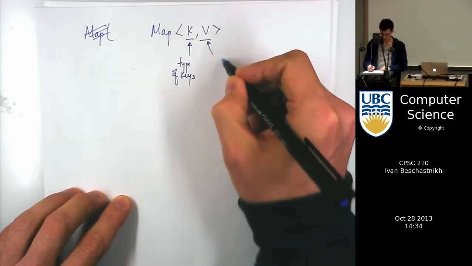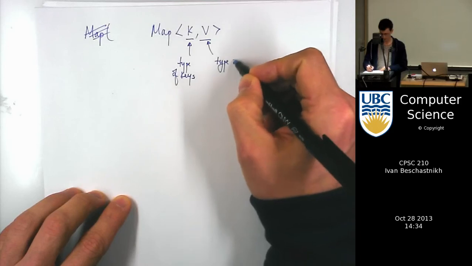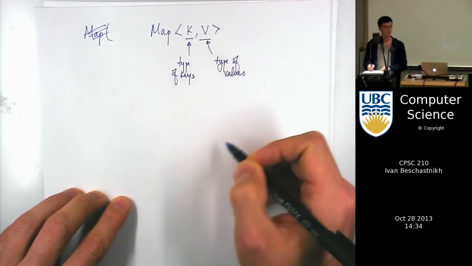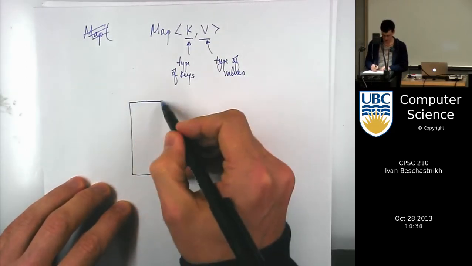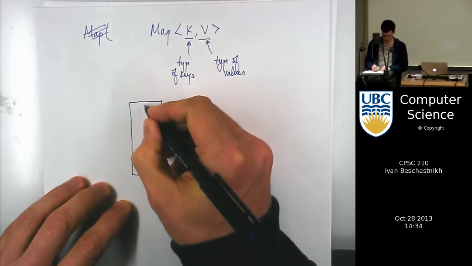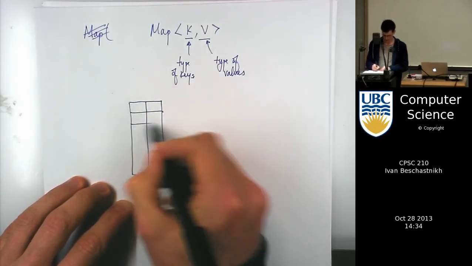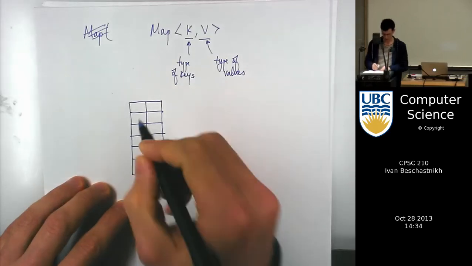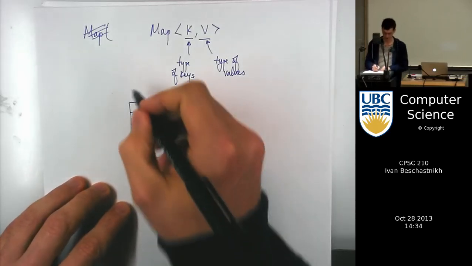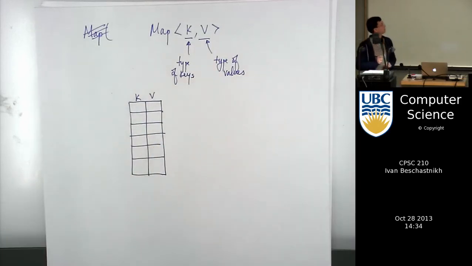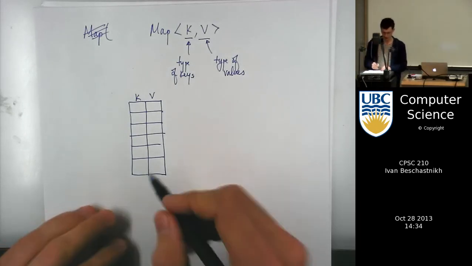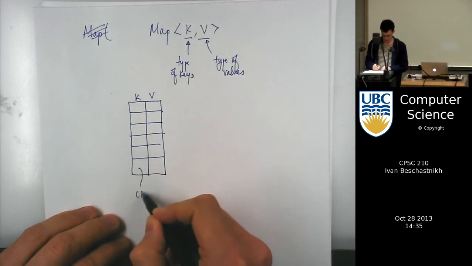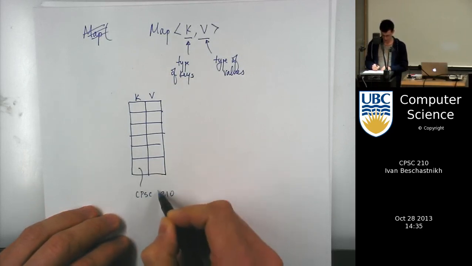And V is going to stand for the type of values in this map. And a map looks as follows. It's going to associate objects of type K to objects of type V. It's going to associate every key to some value. So in the course recommender project, I'm going to have some course. So this might be CPSC 210.